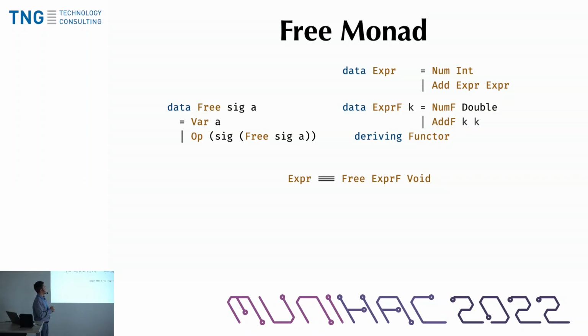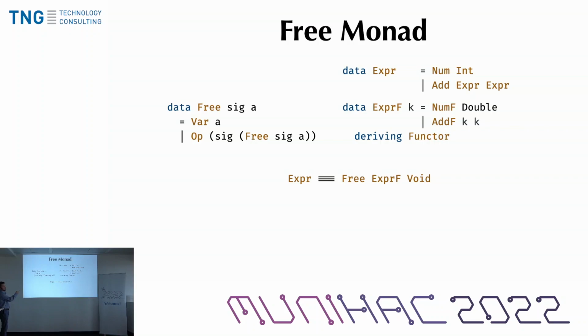And it also has variables at the leaves of this tree. So you've got this Var constructor here, which is for the variables at the leaves. Otherwise, you have some operation, which means you have a syntax node somewhere in the middle, and it's shaped by the signature functor, which tells you exactly what the shape of this node is. And then it continues with more of the tree underneath that particular signature functor.